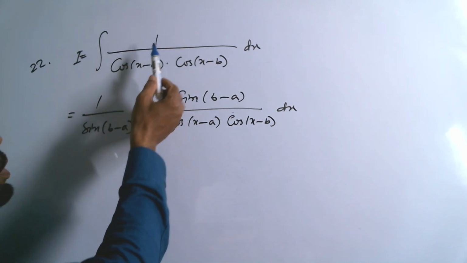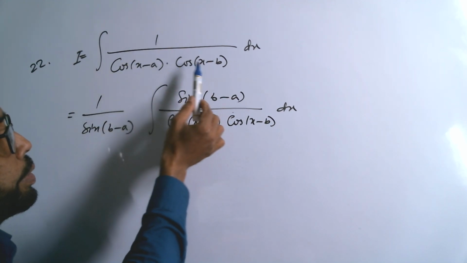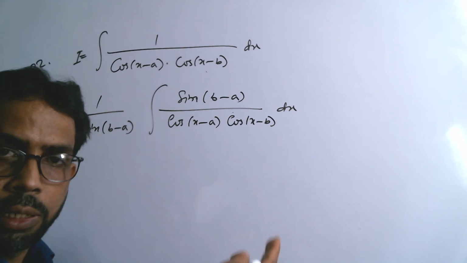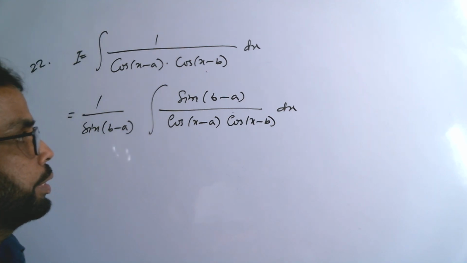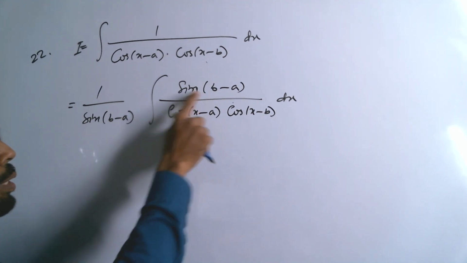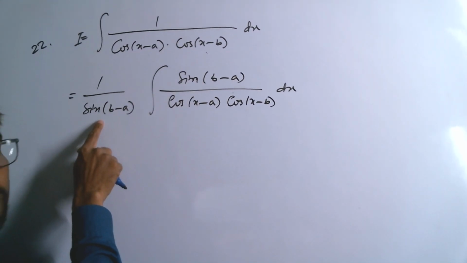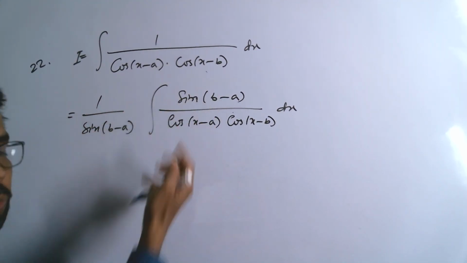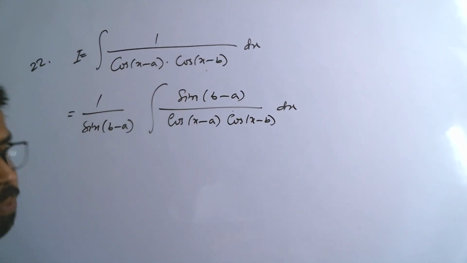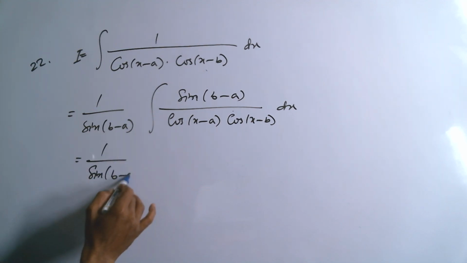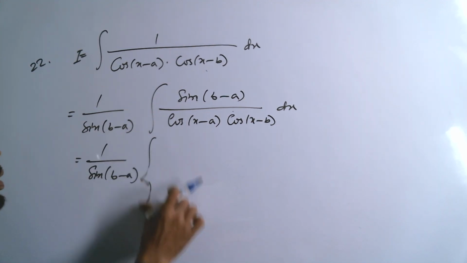The next question is integral of 1 by cos x minus a into cos x minus b. Now this question, there are certain questions, if you learn and practice, you will understand. Here multiplying by sin of b minus a, dividing by sin of b minus a. Sin b minus a has no variable, so we can take it from inside to outside, no problem. Then in the next step, this is the integration.